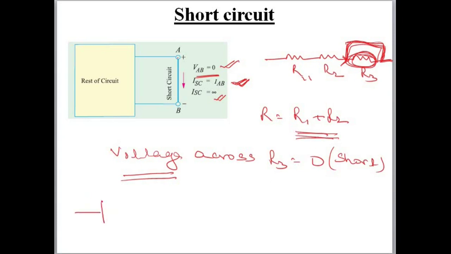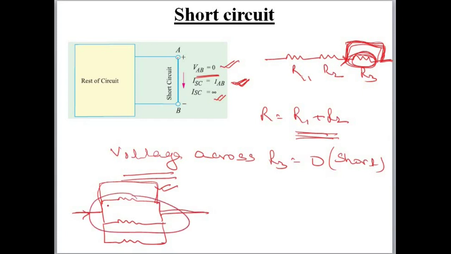Suppose in parallel, this is your resistance 1, resistance 2, resistance 3. If we put a short circuit across them, then what will happen? Current will come and the total current will go through the short. All resistances are isolated.